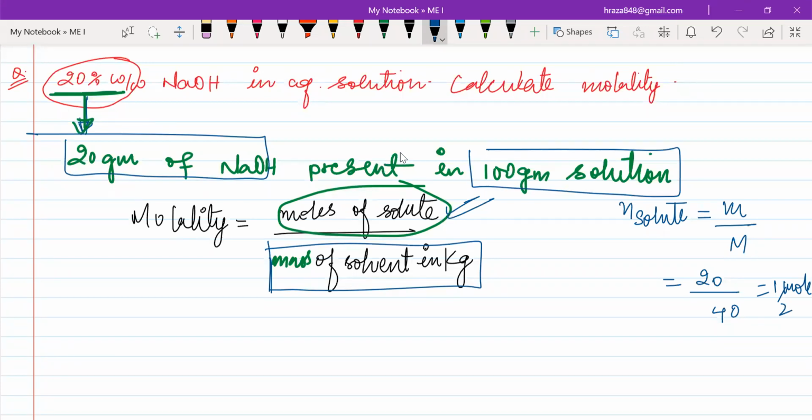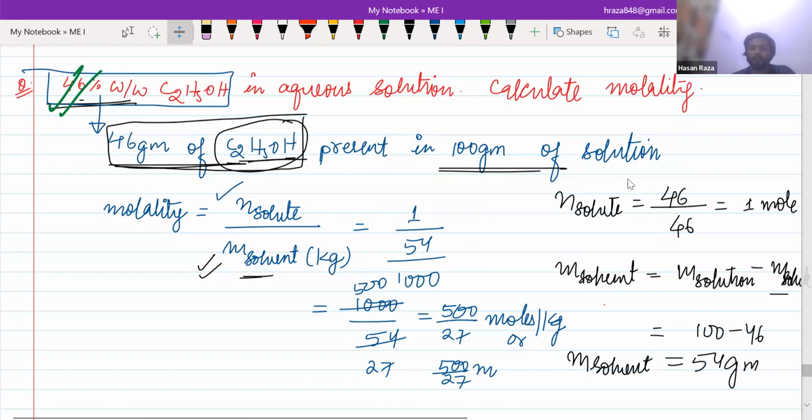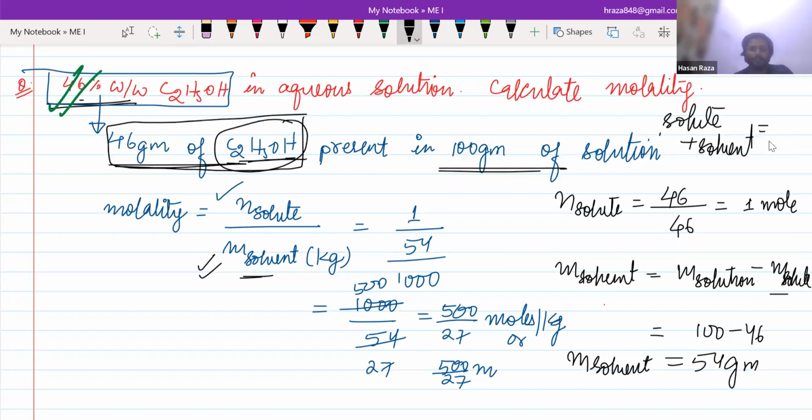Very good. That means you are not focusing in class, or might be you are using social media, because in the last two questions I told you how to calculate mass of solvent. Solute plus solvent is equal to solution. So mass of solvent will be equal to solution minus solute.